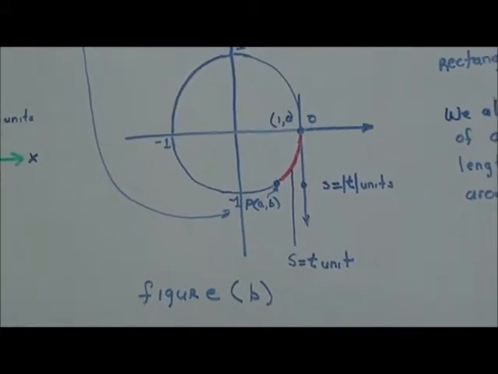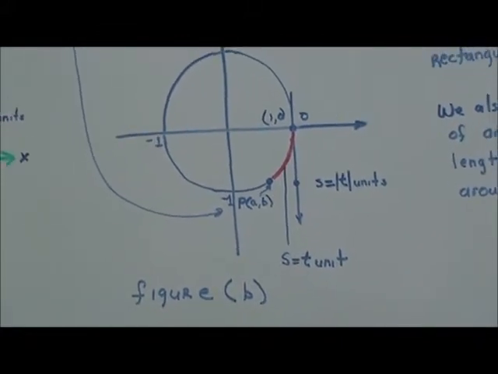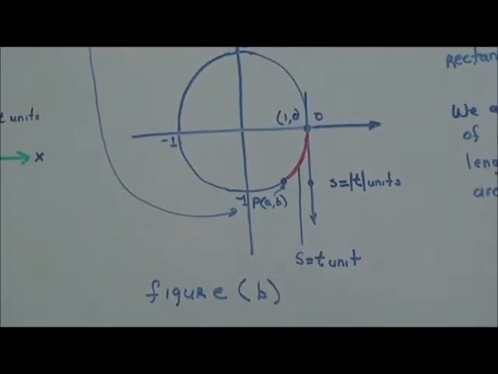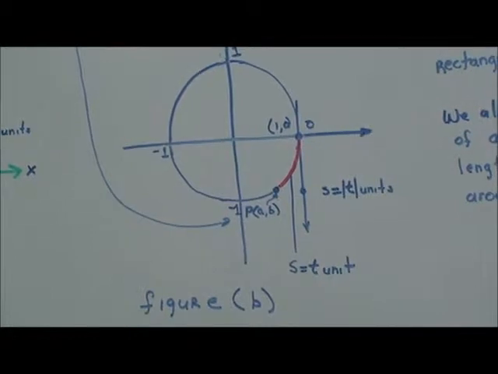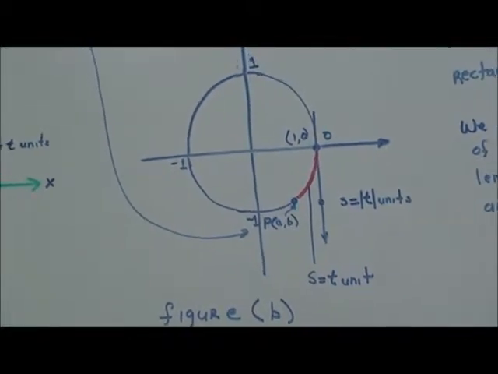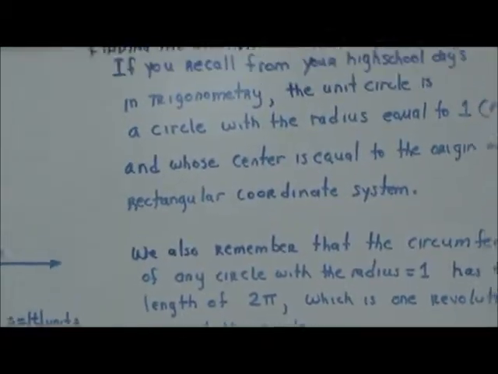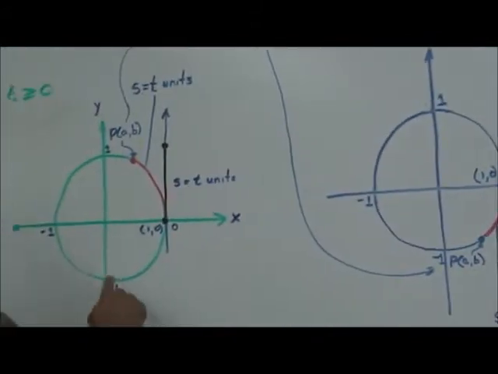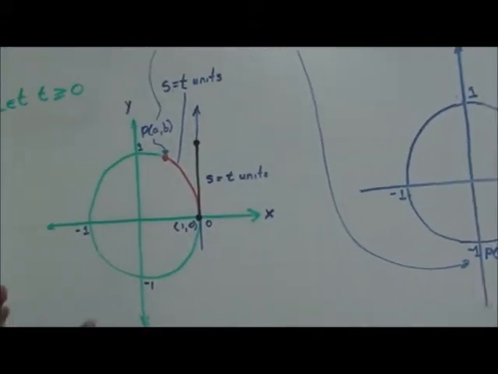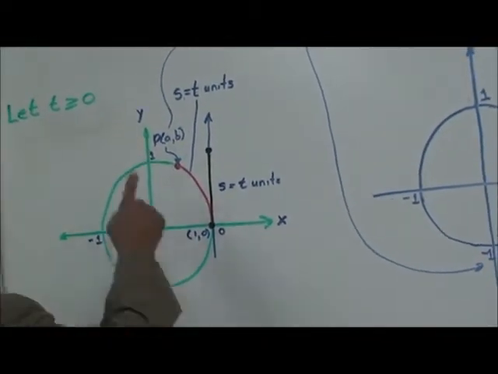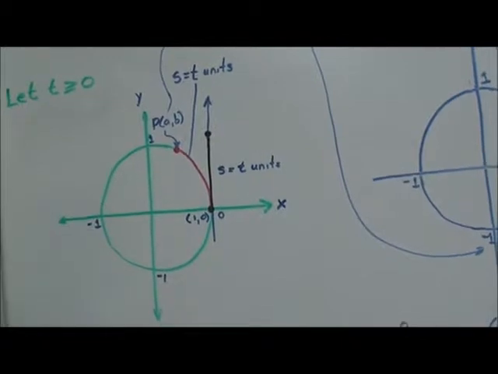If T was greater than 2 pi, or less than negative 2 pi, it would be necessary to travel around the unit circle more than once before arriving at P. Understand something here. It's almost as if you're taking a piece of string and wrapping it around the unit circle. But wherever that string stops, that's where the point P is, which is (A, B).